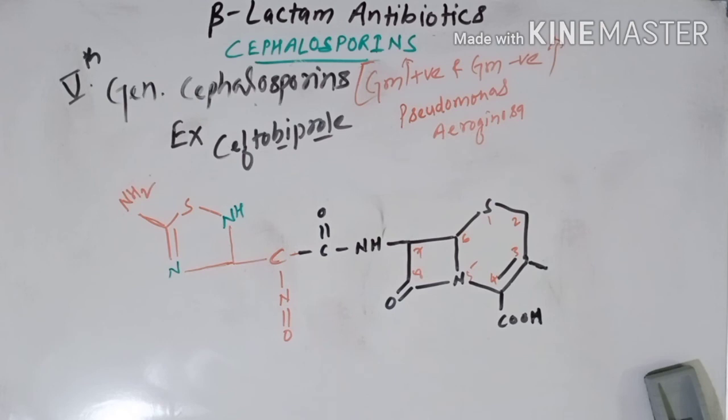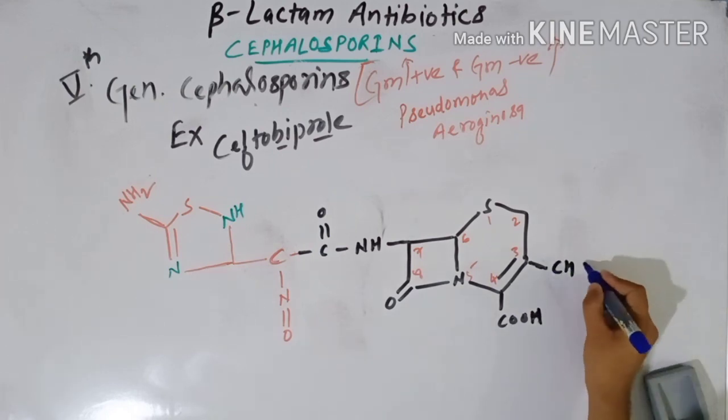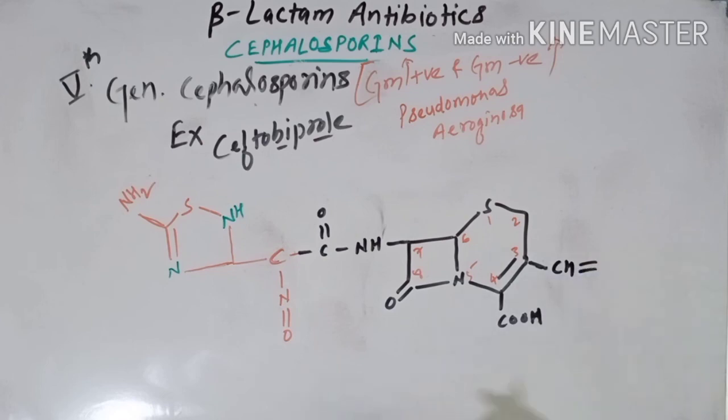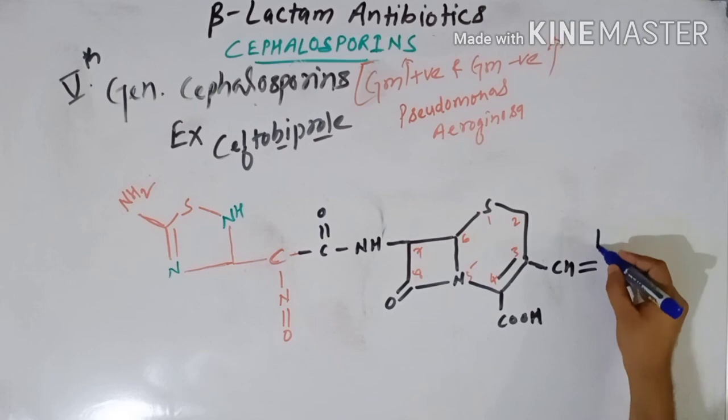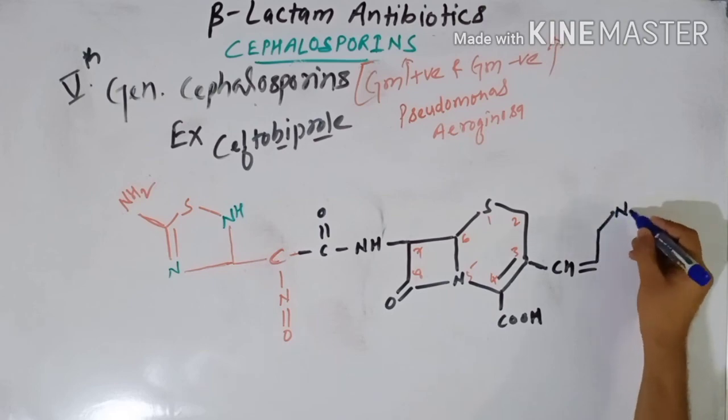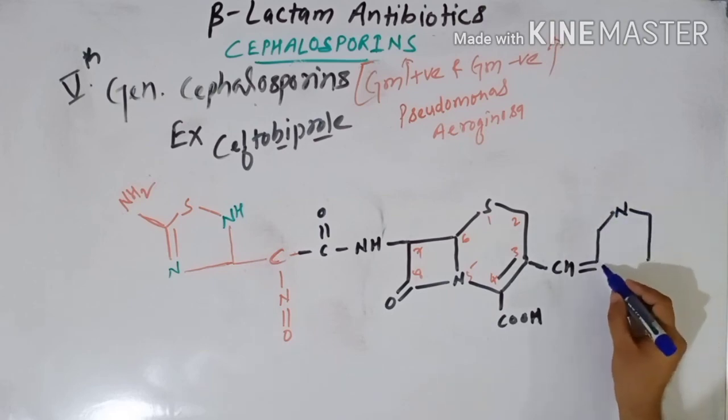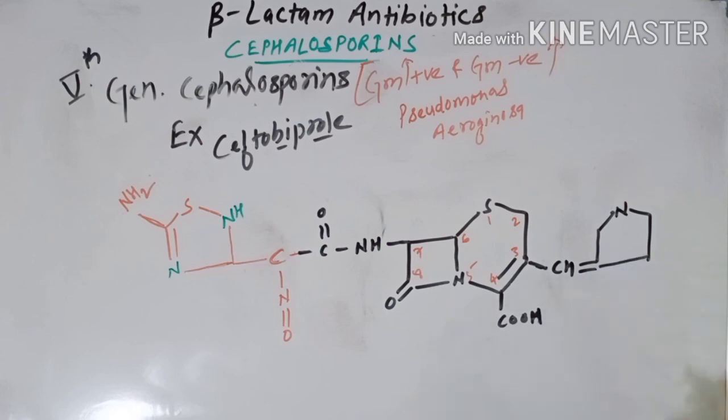Now these are the changes at your R1 position, and what are the changes at R2? The following changes are there. Here the CH bond is linked with a double bond to your first pyrrole nucleus, which is the bipyrrole in the name of this drug.